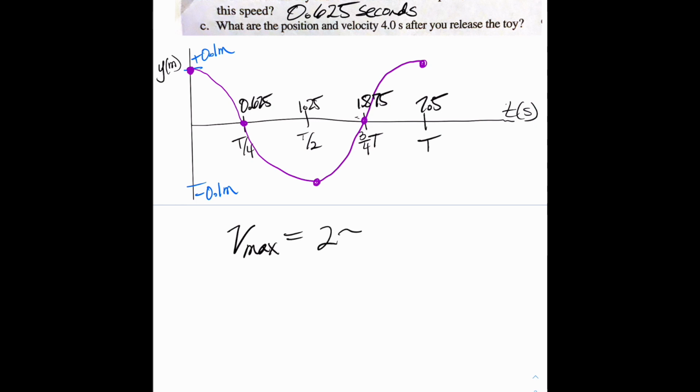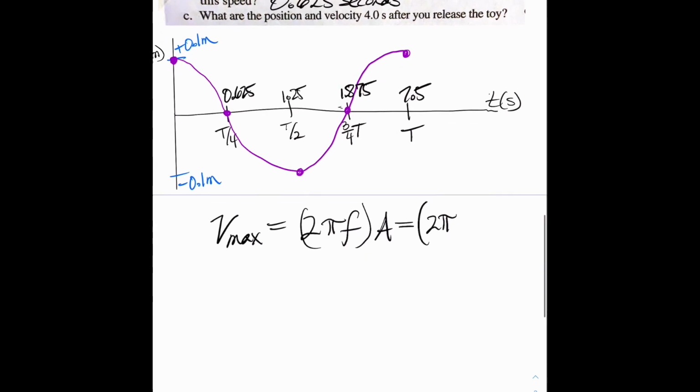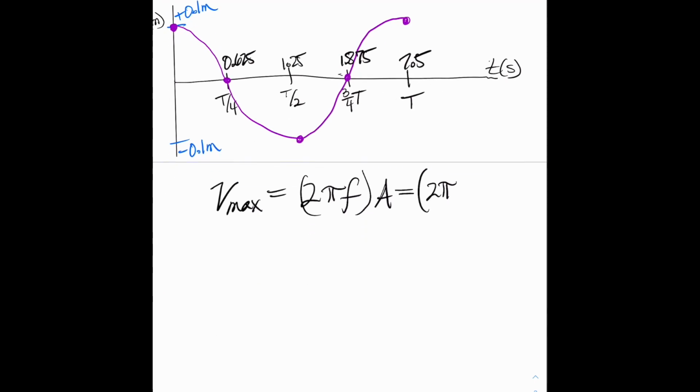Vmax equals 2 pi f times the amplitude, and we can plug in what we know there. The frequency was 0.4, and the amplitude is 0.1.